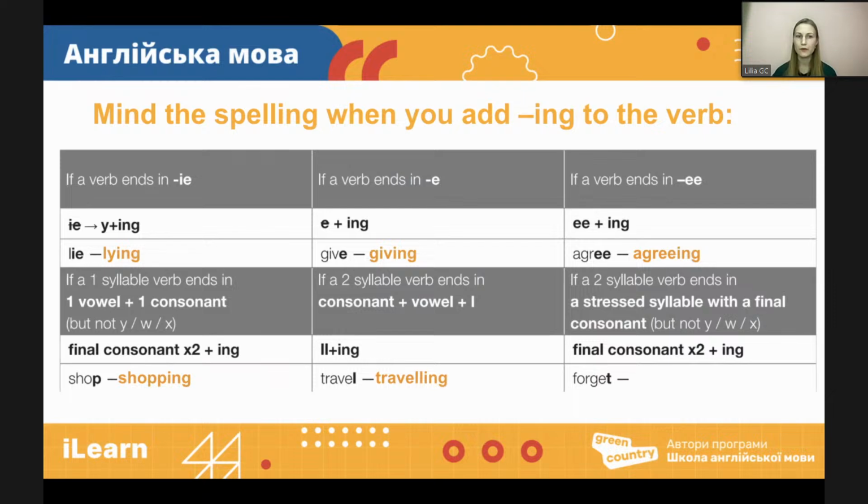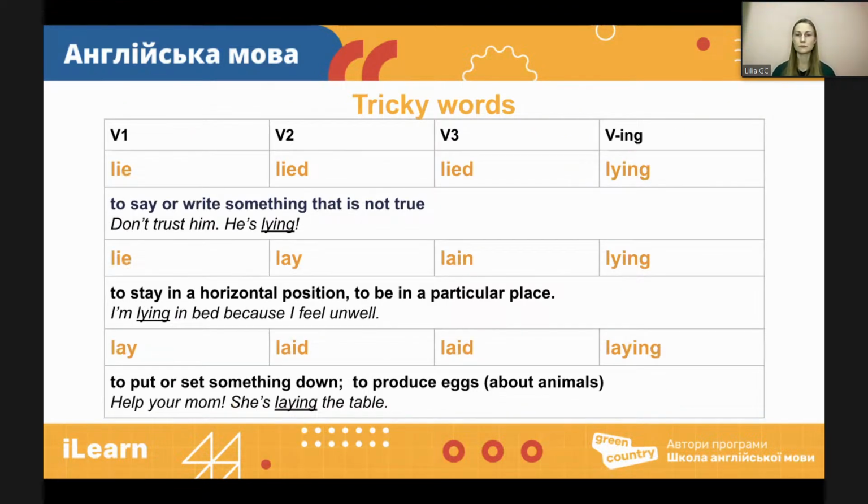What do you do with the word forget? Forgetting with double T again. So one short vowel and then one consonant means doubling that consonant, подвоєння цього приголосного. Good job here.